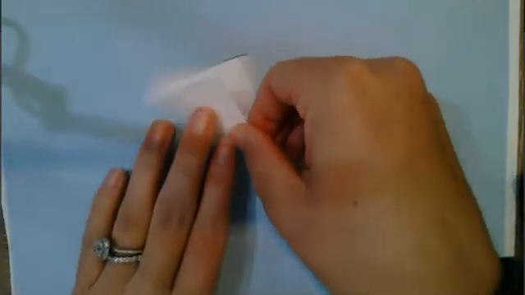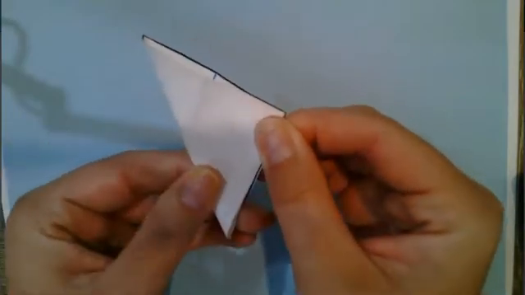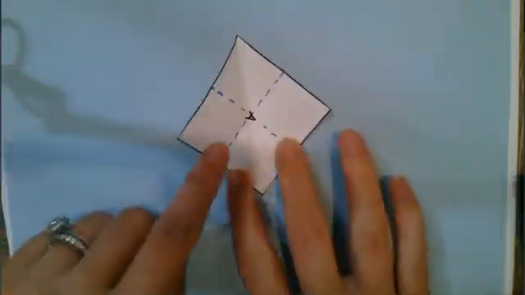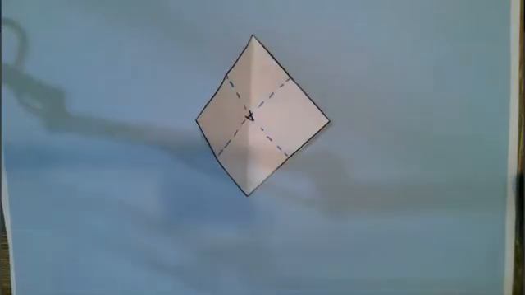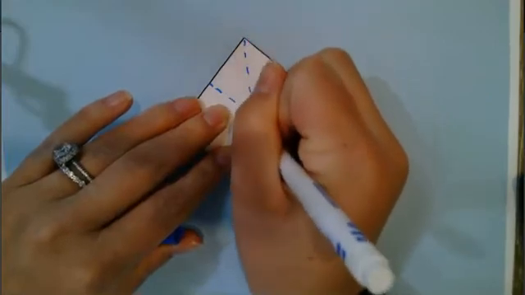Well, let's try to fold it on the diagonal. This shape definitely must be a square because I folded it on the diagonal and now I have two equal sides. So I found another line of symmetry, a diagonal line of symmetry.